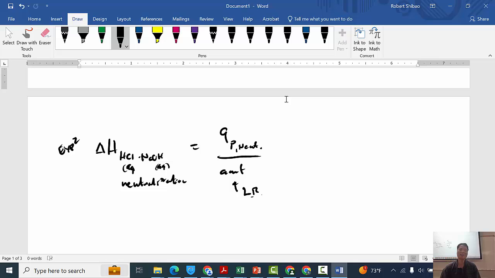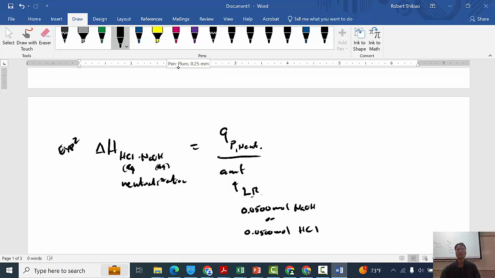And how many moles was that? 0.0500 moles. If 0.0500 moles of sodium hydroxide reacts, then 0.0500 moles of hydrochloric acid reacts. And so we could just say per 0.0500 moles and then divide it, and then we get it per mole of reaction.